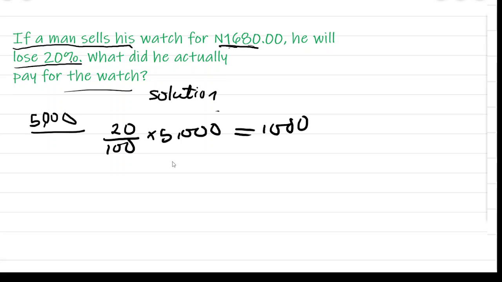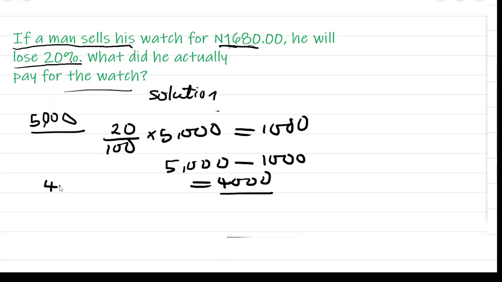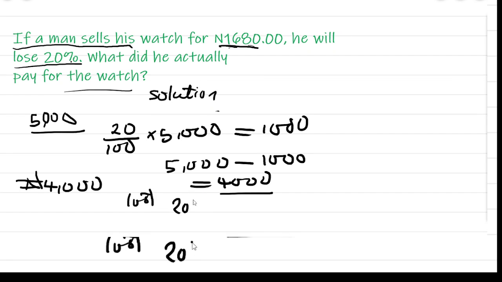So when you subtract 1,000 from 5,000, what you get is 4,000 naira. So if you sell your watch for 4,000 naira, that means you have lost 1,000 naira. So you have lost 20% of your money.